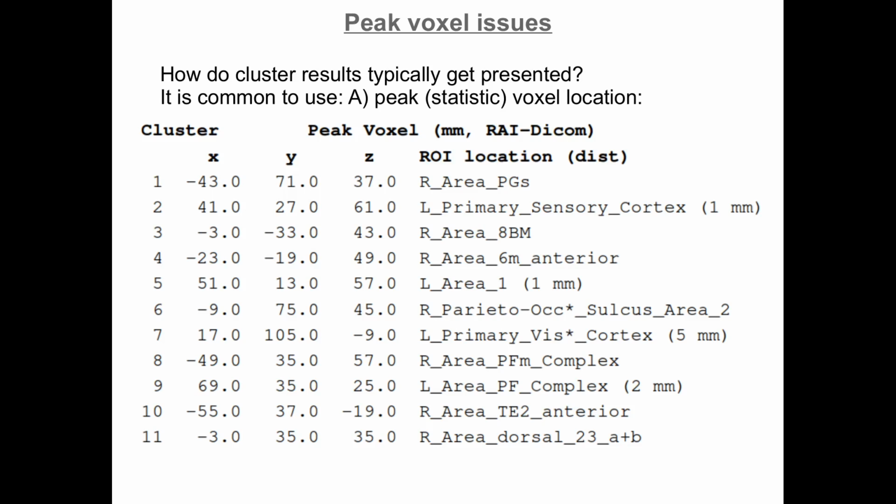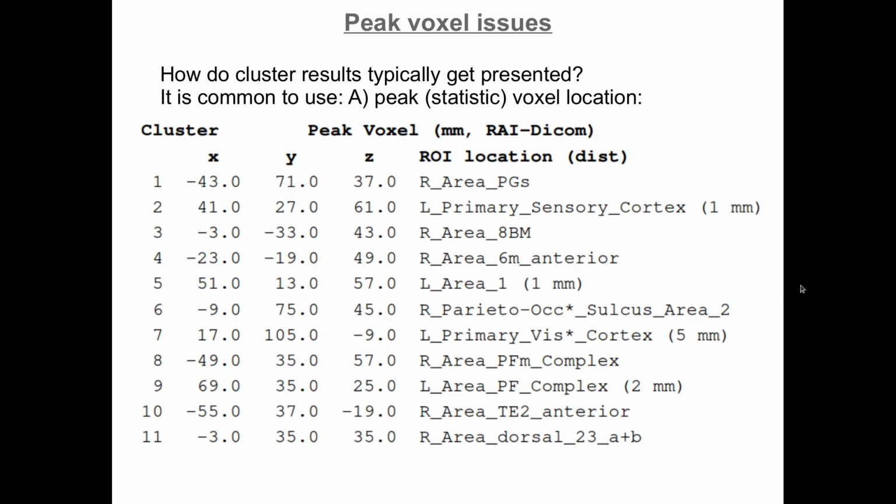That's what it means to threshold your data with null hypothesis significance testing. So picking just one arbitrary value like the peak location is not really summarizing your whole cluster. And it's actually known that statistically, peak statistics are really quite unstable. If you add another subject, if you change something in your processing, that peak might move around.